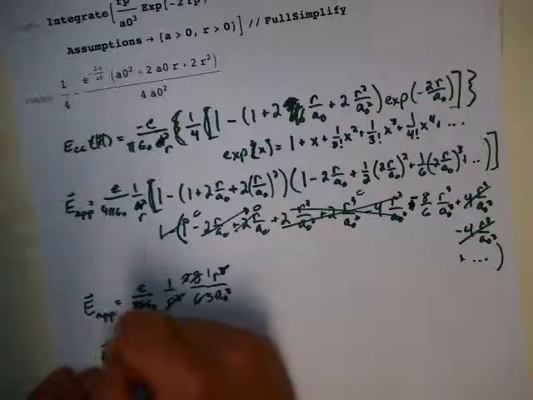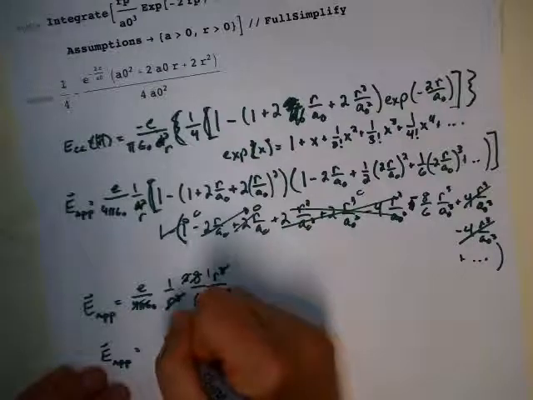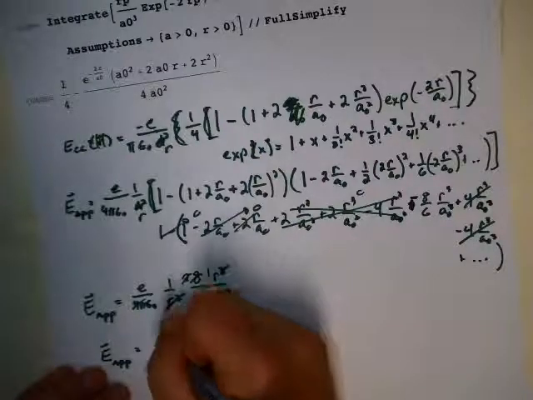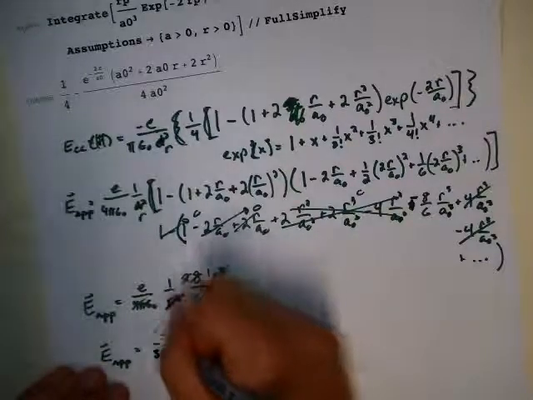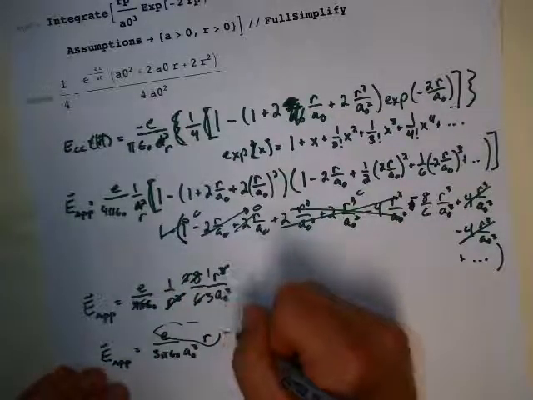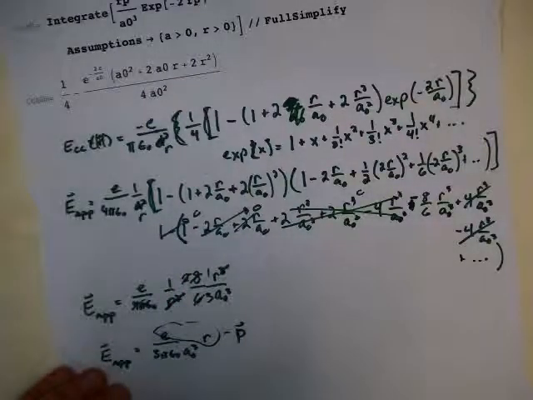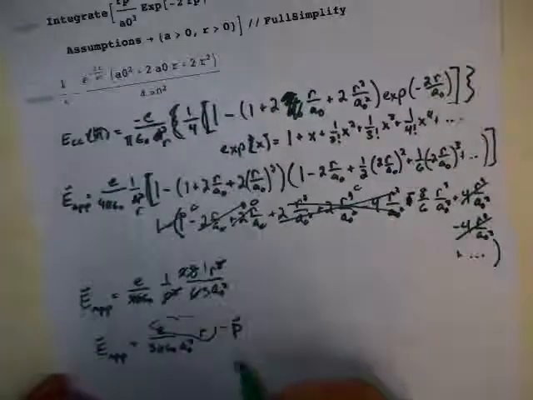And so the applied electric field is now E over 3 pi epsilon naught a naught cubed times r, but I might recognize this E times r is just the dipole moment.